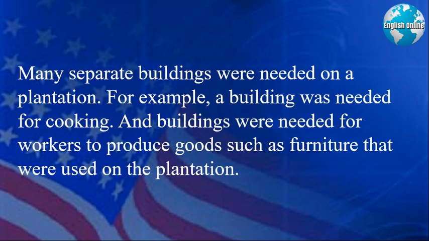Many separate buildings were needed on a plantation. For example, a building was needed for cooking, and buildings were needed for workers to produce goods such as furniture that were used on the plantation.